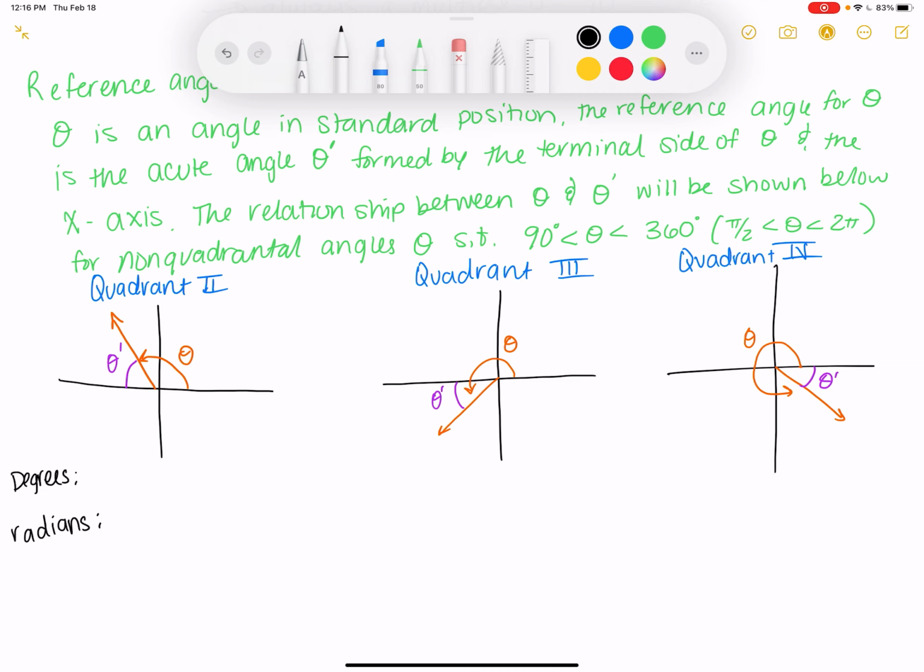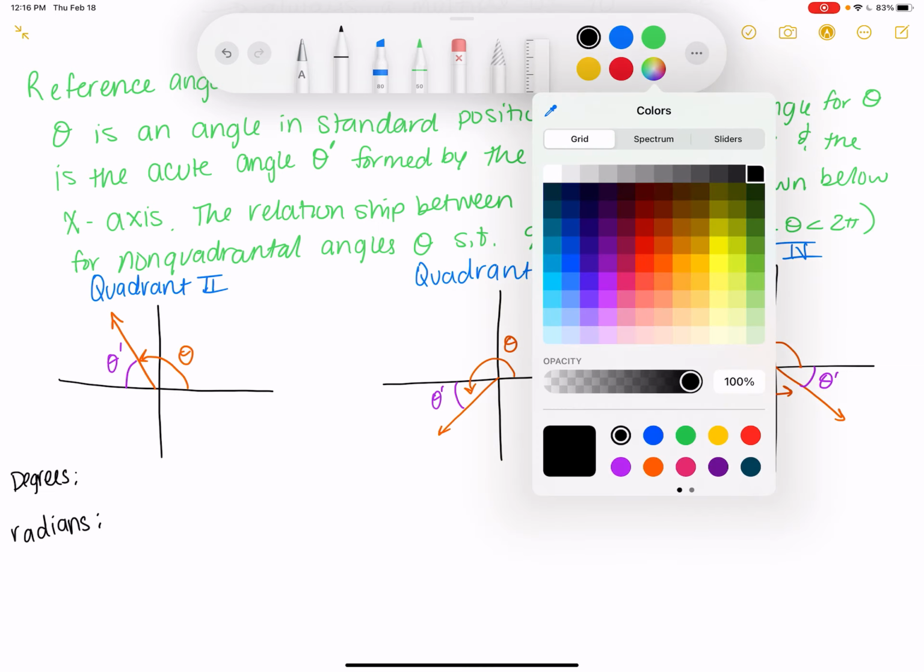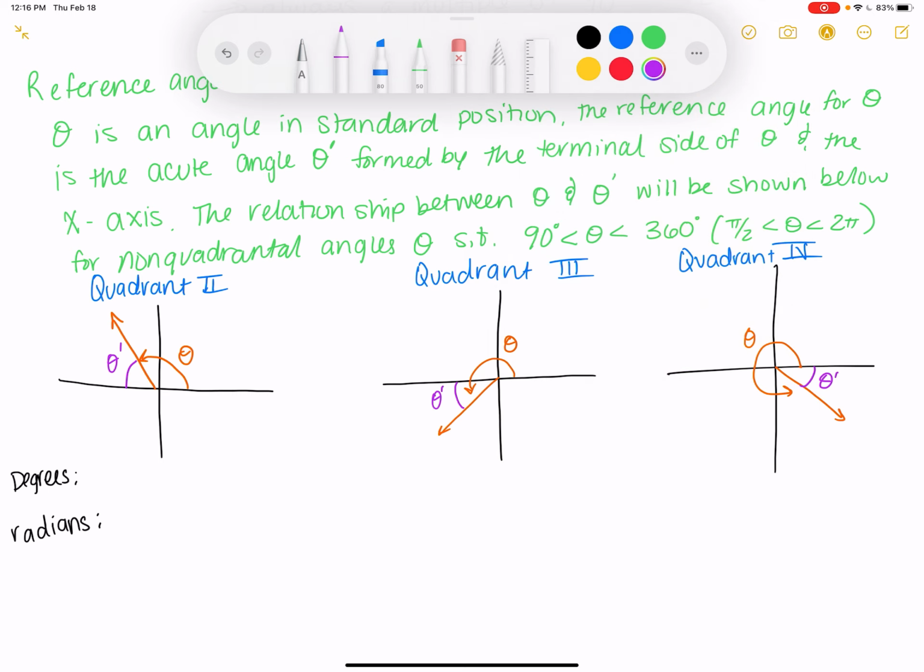So for degrees, okay, theta prime is equal to 180 degrees minus theta. For radians, theta prime is pi minus theta. Okay, quadrant 3 again, I'm doing degrees on top, radians on the bottom.